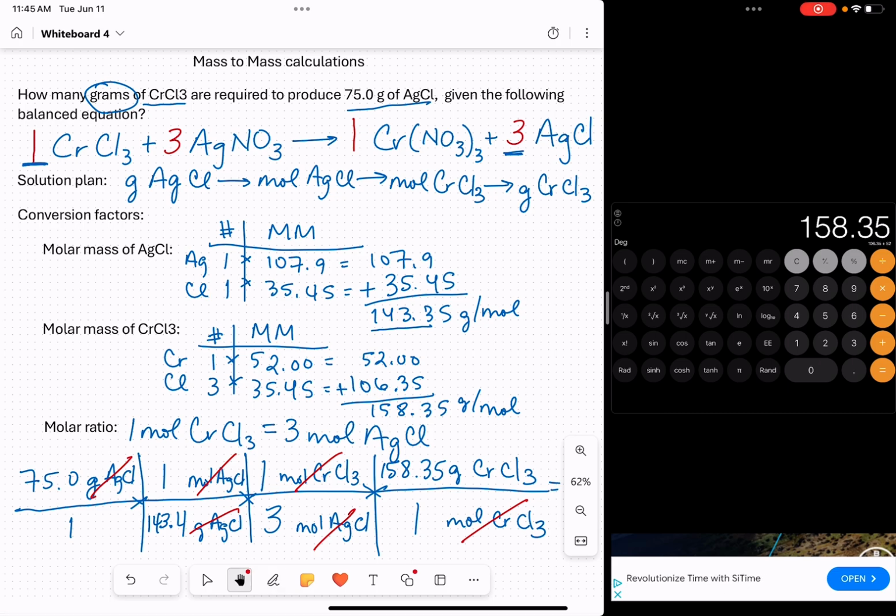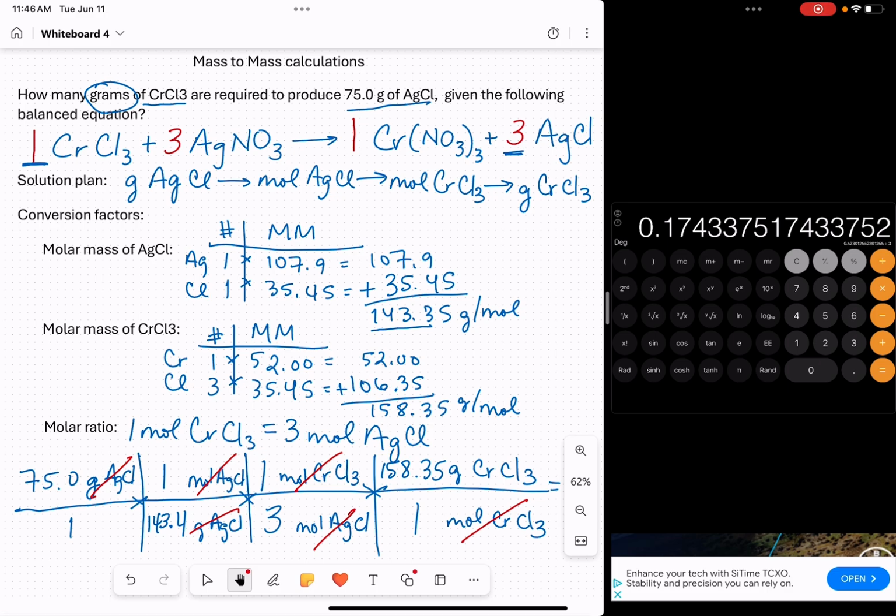So now I just need to calculate all of that. Starting with my given number, 75 grams, divide by the 143.4 that's on the bottom. That's how many moles of silver chloride that is. Now I need to divide it by 3.